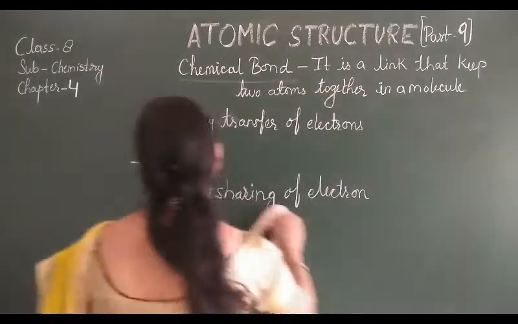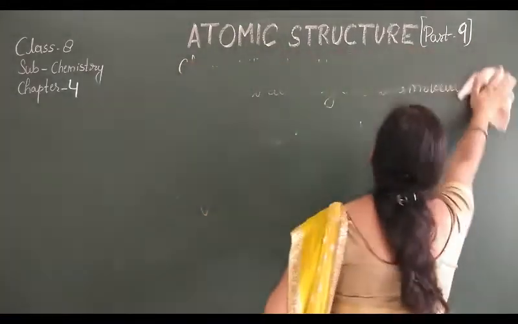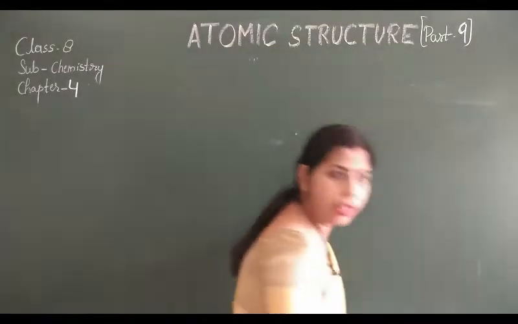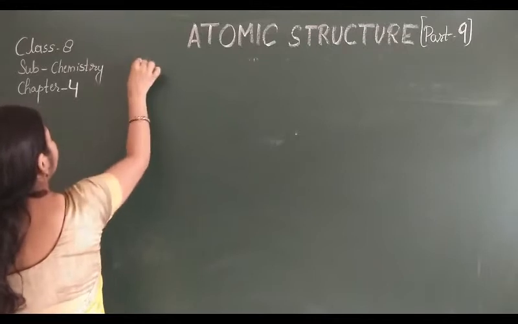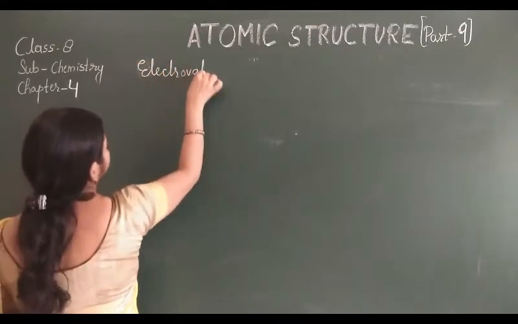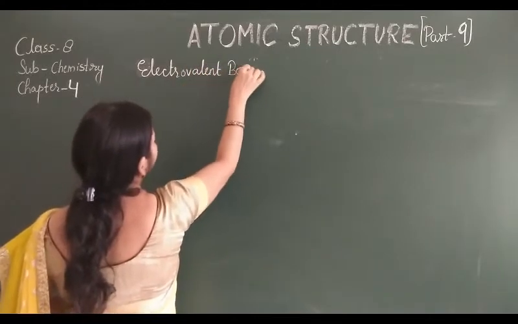So let's see both the bonds and their examples. The first bond is the electrovalent bond. And what is the electrovalent bond?